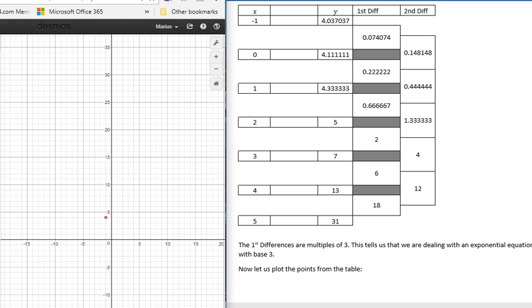Then the next one is 0 and 4.111111, 1 and 4.3333, 2 and 5, 3 and 7, 4 and 13, 5 and 31. So we know already that this is an exponential equation because of the first differences being multiples of 3.